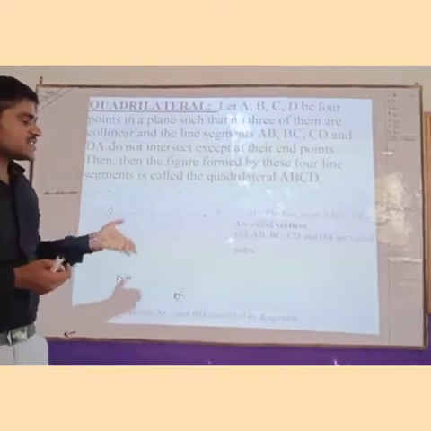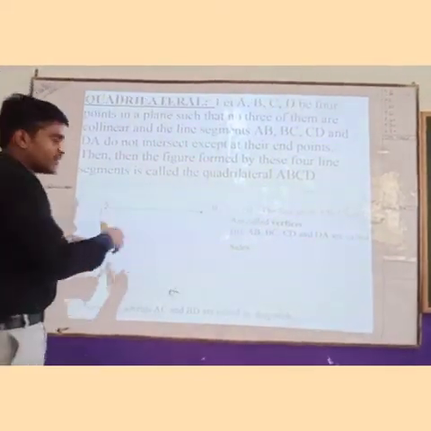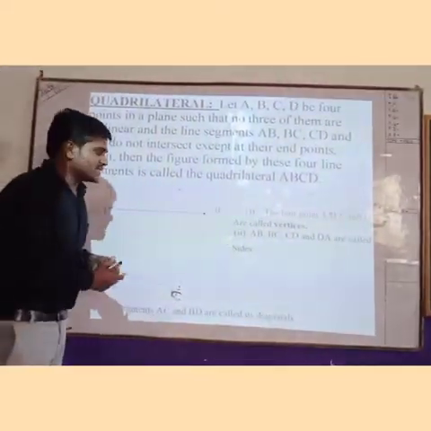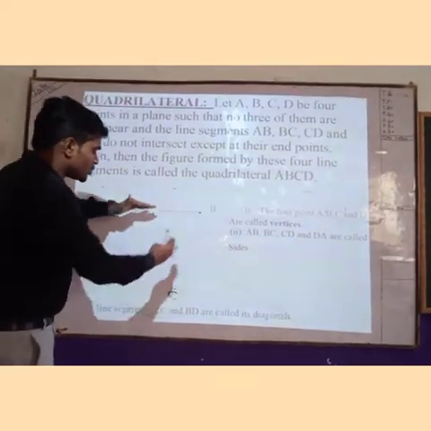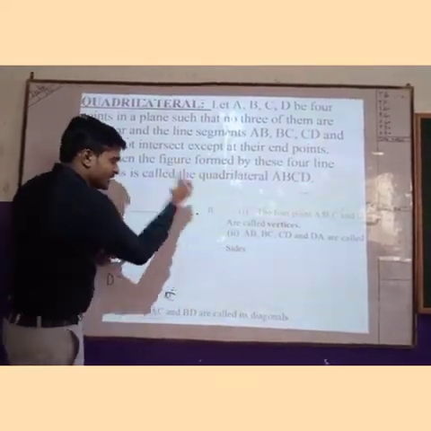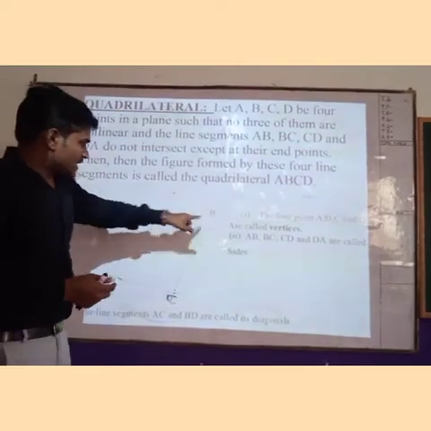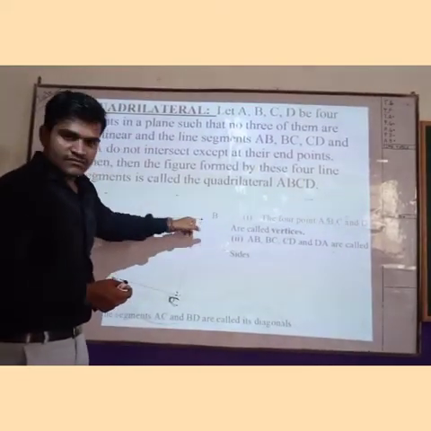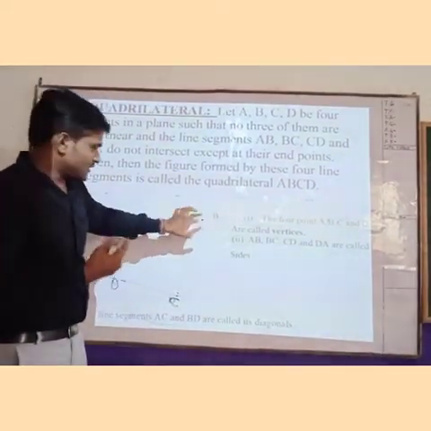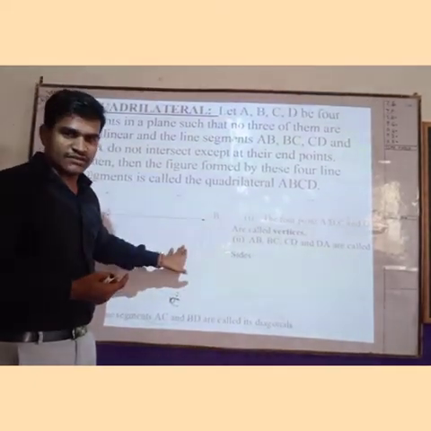In other words, what is a vertex, or what are vertices? Children, the point where 2 line segments of a quadrilateral meet or intersect is called a vertex, and that is the endpoint of the line segments also.